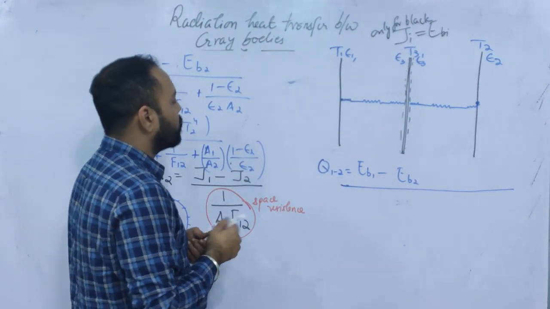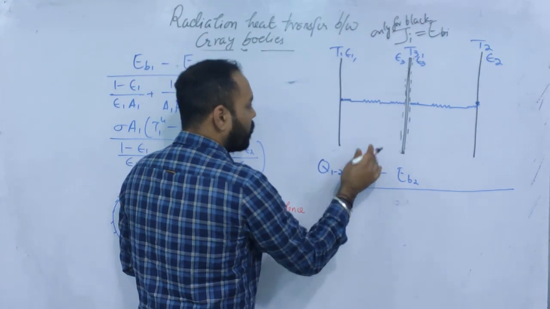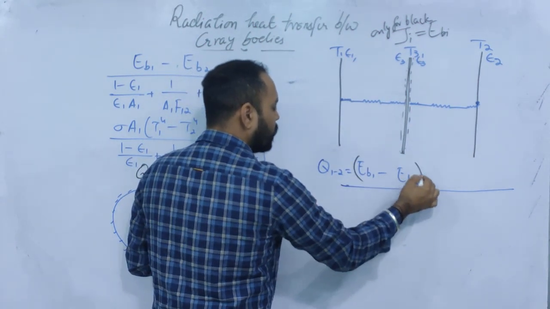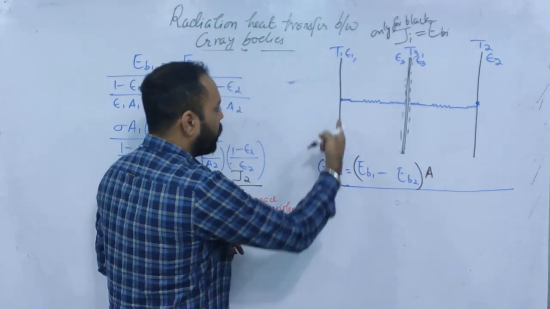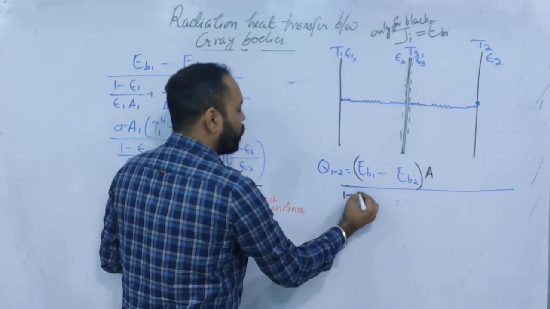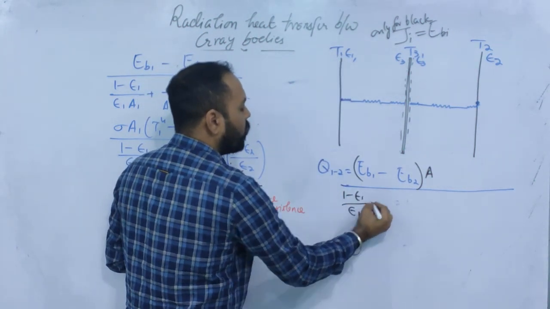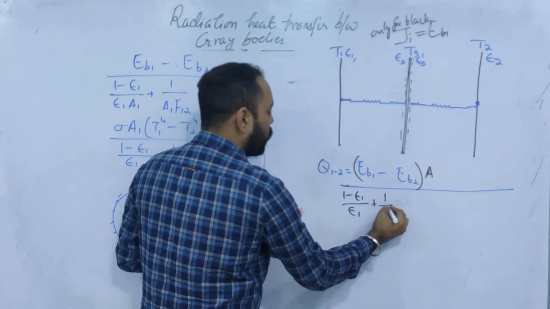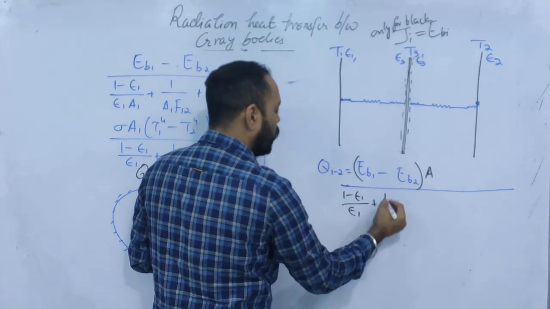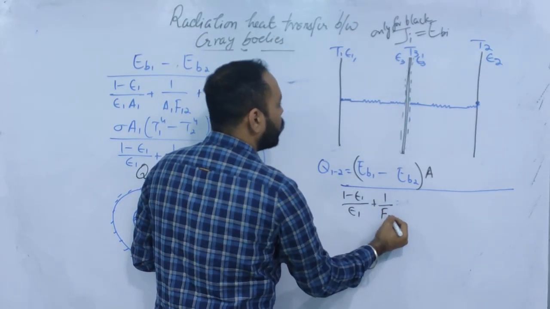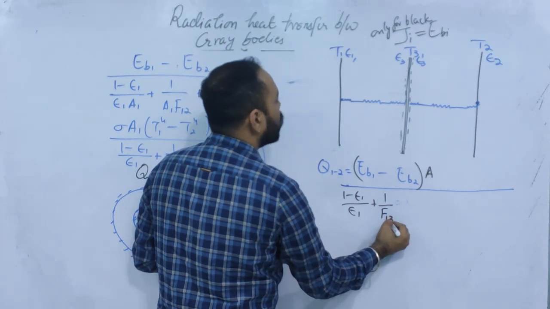So what is the surface resistance for the first case? Because area is same, so you can multiply this entire expression by area, right? So for the first case, (1 minus epsilon 1) by epsilon 1. What is space resistance? 1 by F13. Okay, fine.